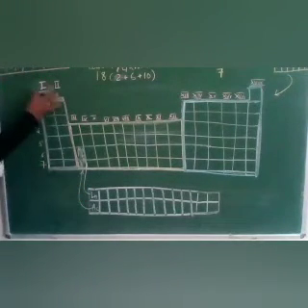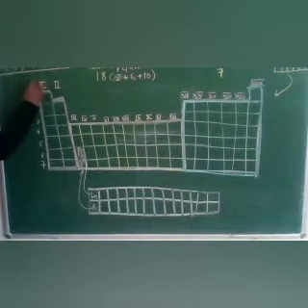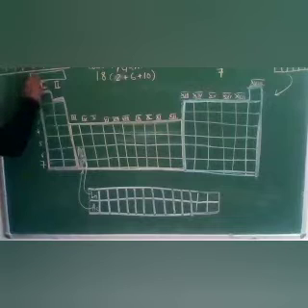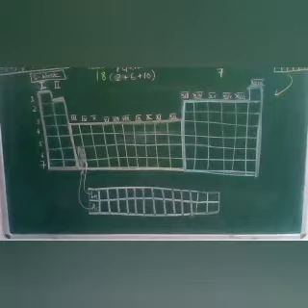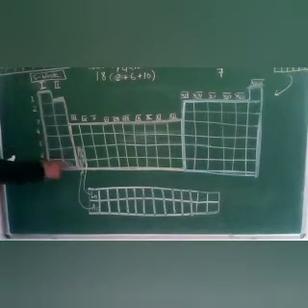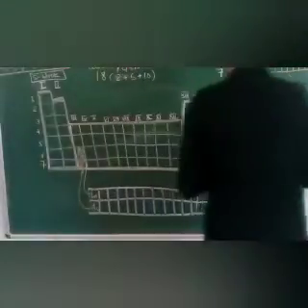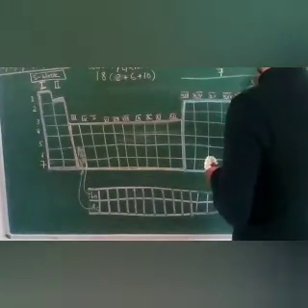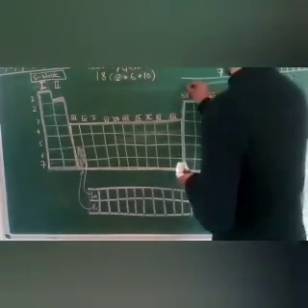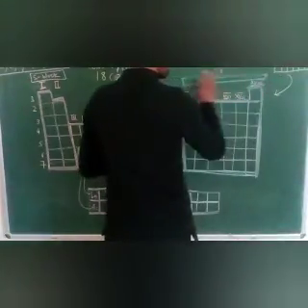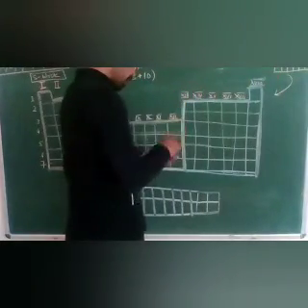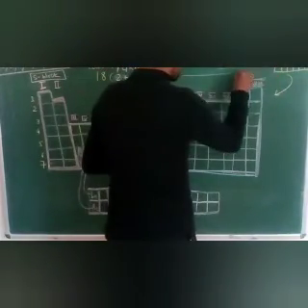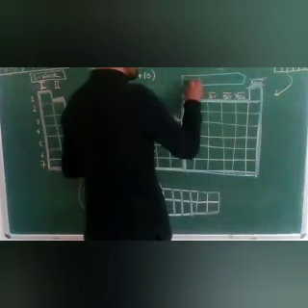Okay, so this is the first block. The name of this block is S block. S block. This is S block. What is the name of this block? Because I have already shown it in my video.